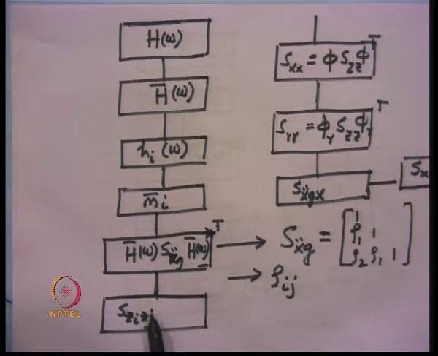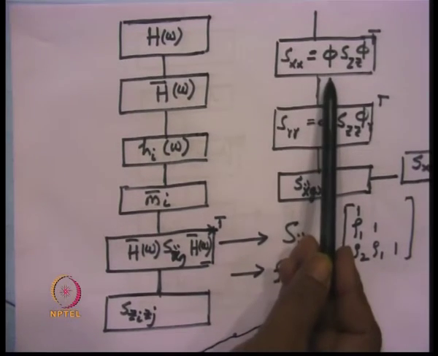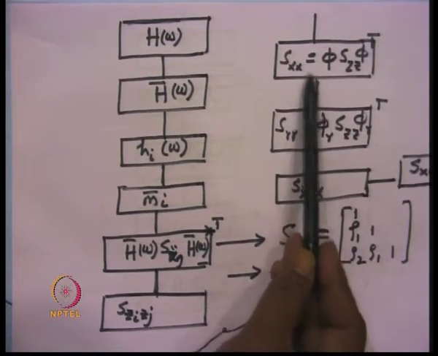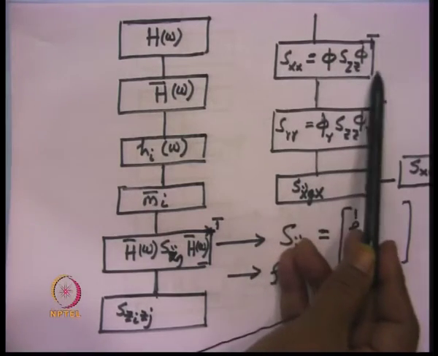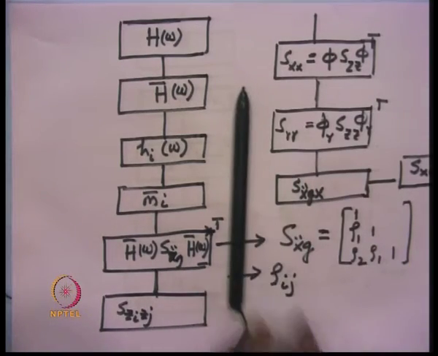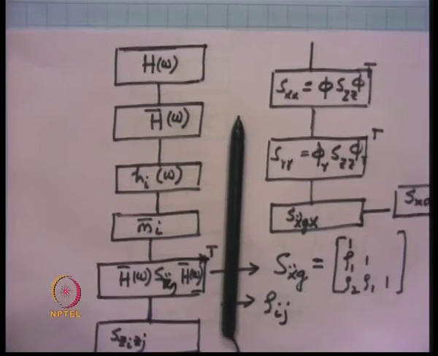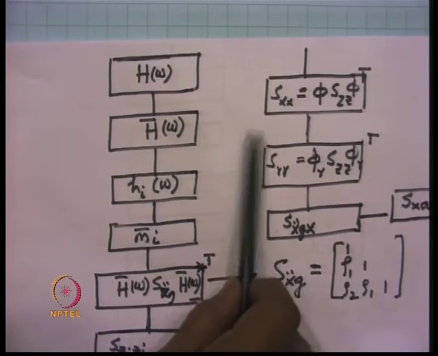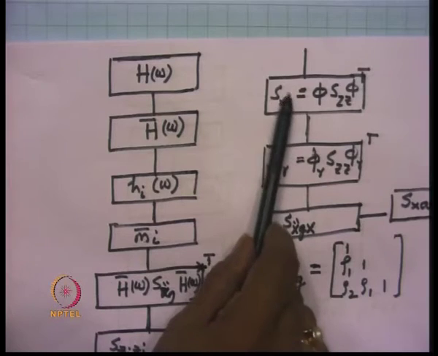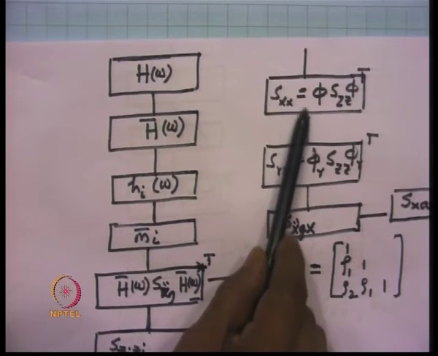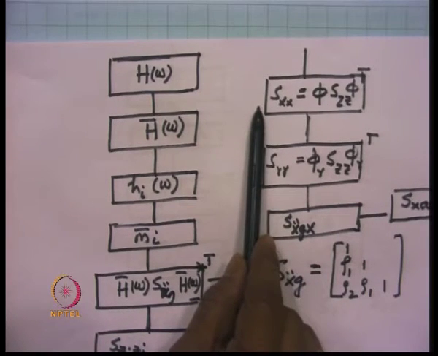displacement, and once we know the Szi Zj, then one can obtain Szz matrix from that, and if you use that Szz matrix, then this particular equation uses the mode shapes to find out the Sxx, that is the power spectral density function matrix in the structural coordinate.